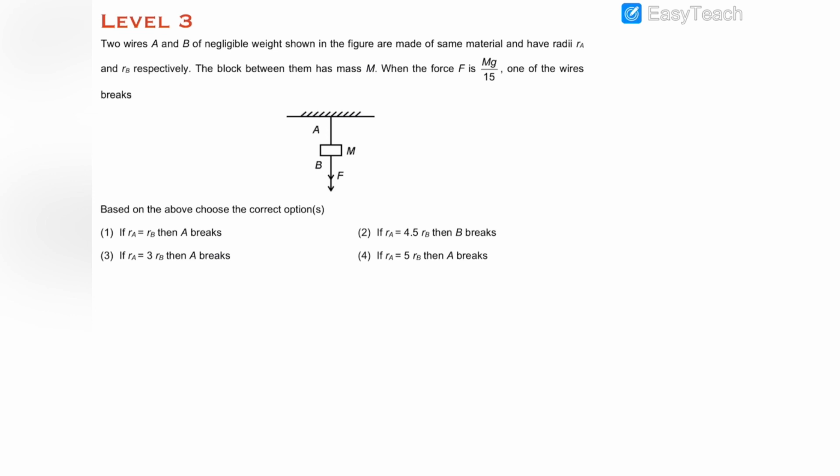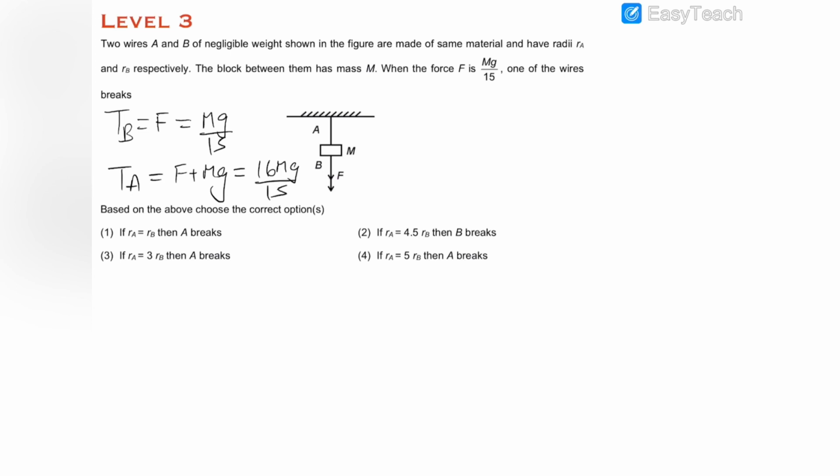Now let us first of all write down the forces. So the tension in wire B will be equal to F because F is directly applied on this wire. Therefore it is mg by 15 and the tension in wire A will be equal to F plus mg. So it would be equal to 16 mg by 15.